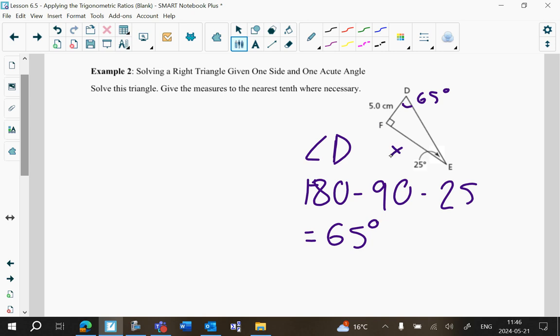Okay, so you call it X, sure. Remember, if you're going to use a variable, make sure that you label it on your diagram.